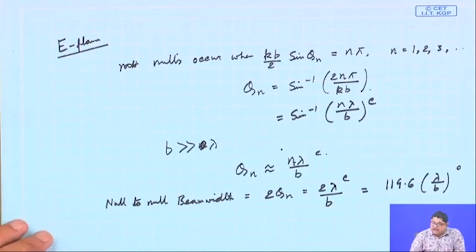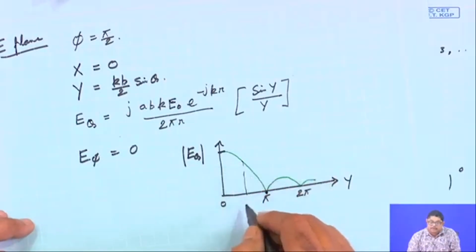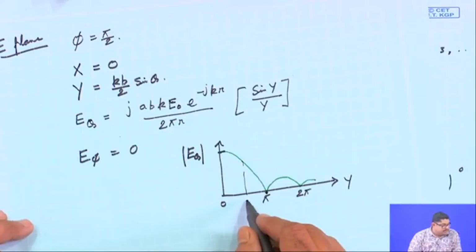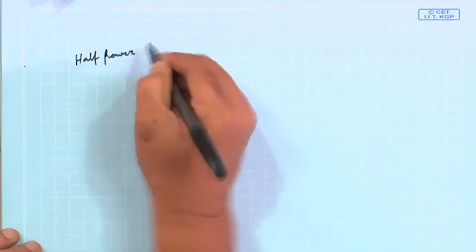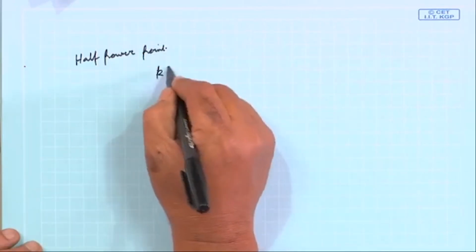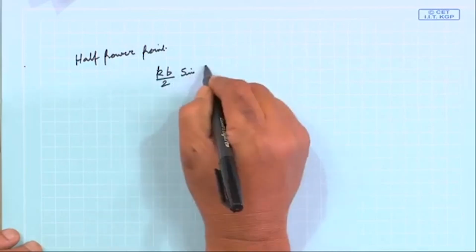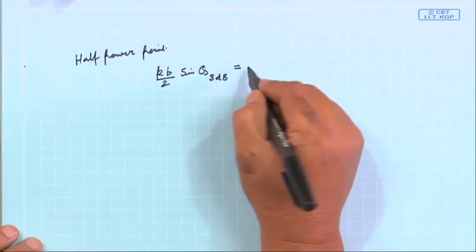Similarly, you can find the half power beam width. First, we will have to find where the half power is occurring. Obviously, half power is occurring somewhere here. Let me call the corresponding theta, theta 3 dB. The half power point occurs when kb by 2 sin theta 3 dB is, anyone knows this value?